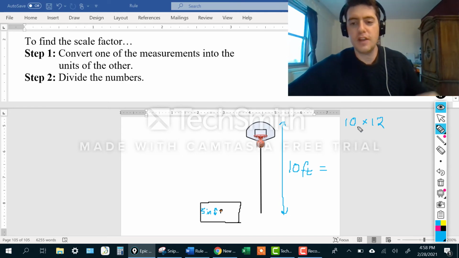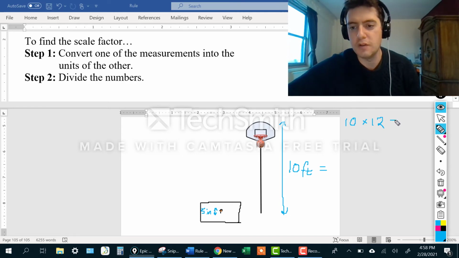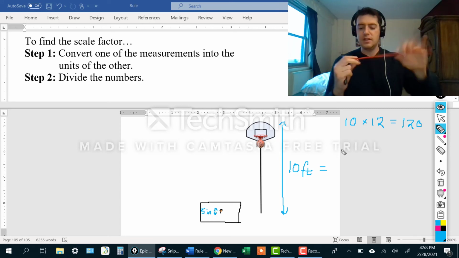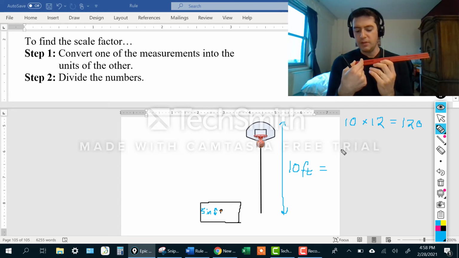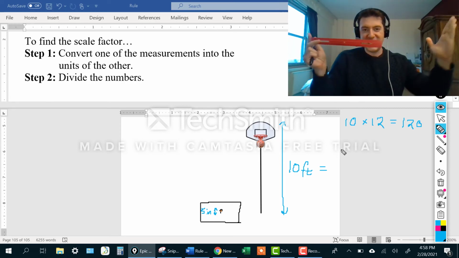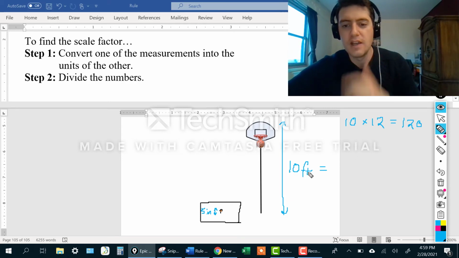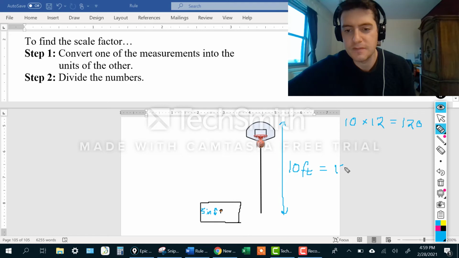Well, in order to figure that out, we can just do 10 times 12, which is 120. So 120 of these little inches would be able to fit inside of 10 of these rulers. So 120 inches is the same as 10 feet.